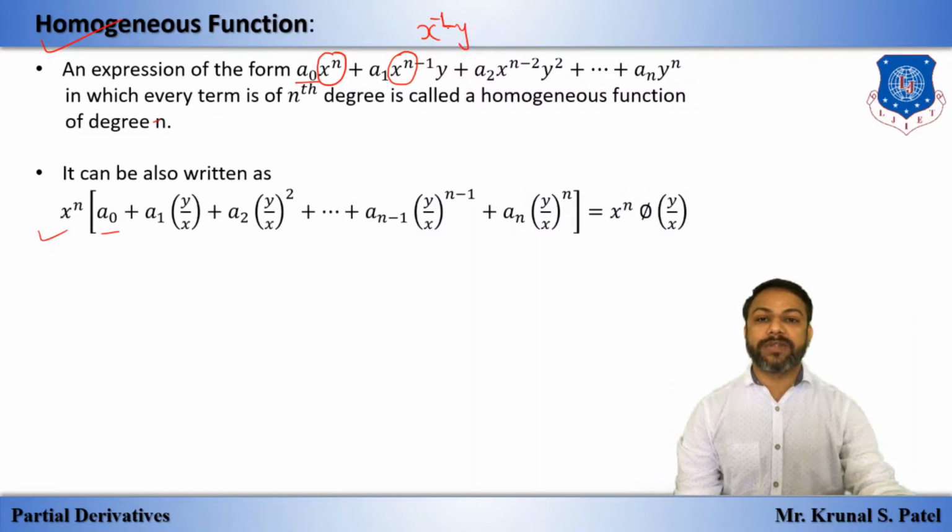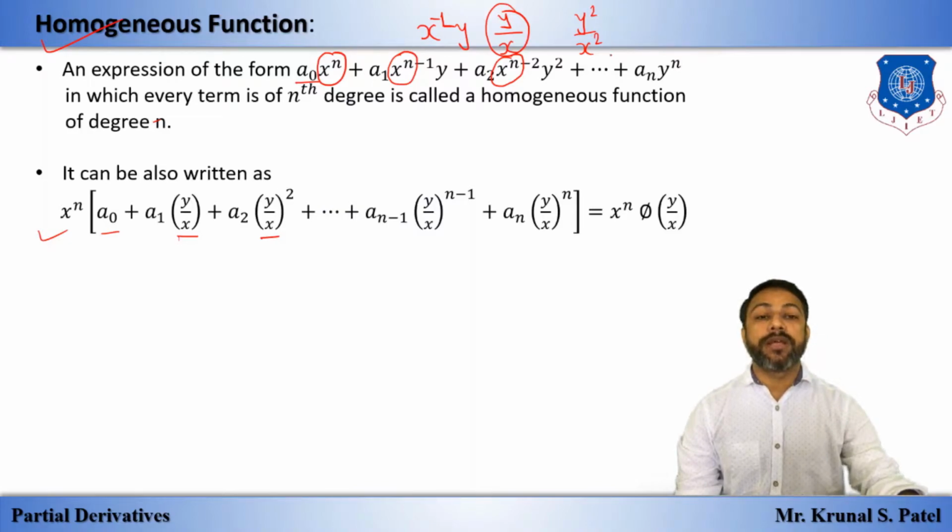Since x raised to minus 1 is 1 by x, we have y by x. In the same way, if we take x raised to n common from this term, we have x raised to minus 2 into y square, and x raised to minus 2 is 1 upon x square. So y square by x square means y by x whole square.